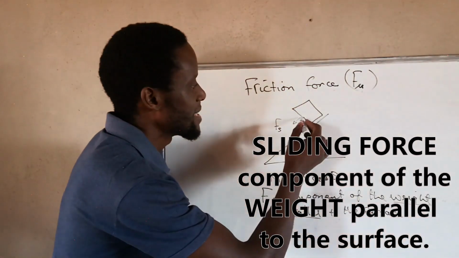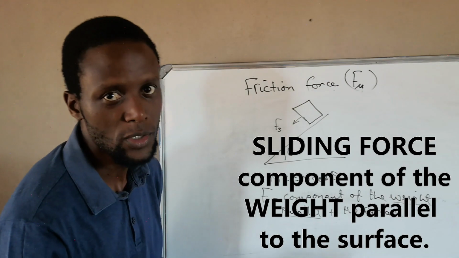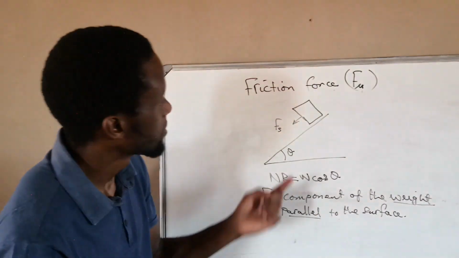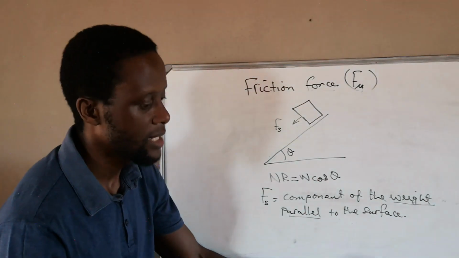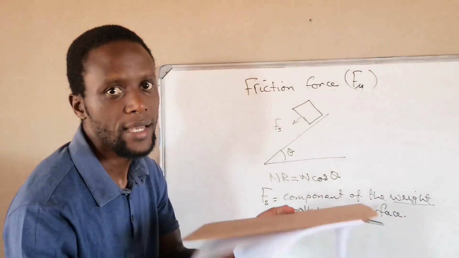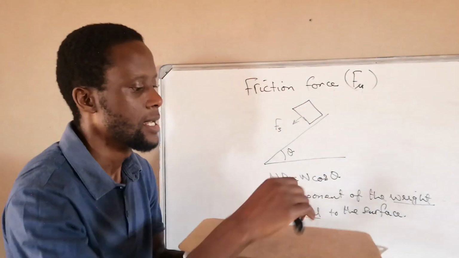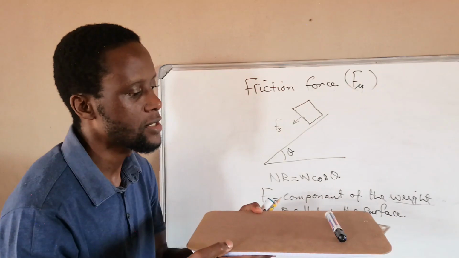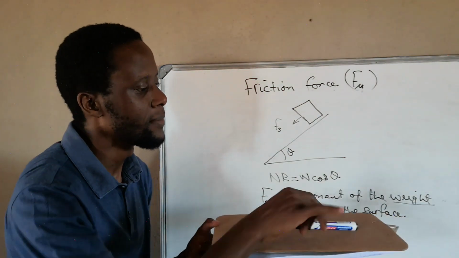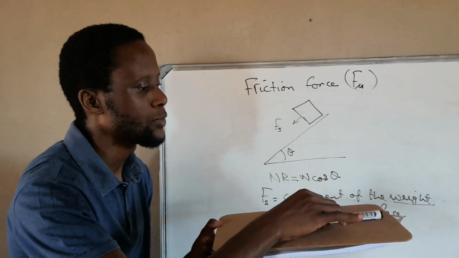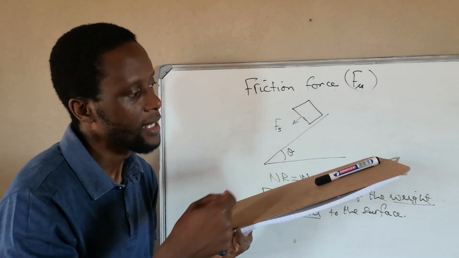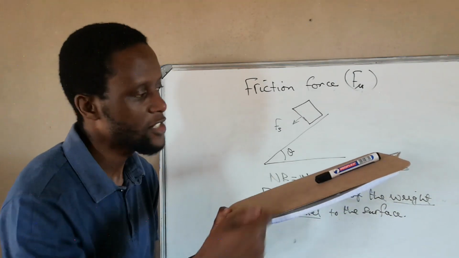It is always sliding downwards, even if the object is not sliding downwards, but as long as it is on a surface, the sliding force exists and it is always attracting the object downwards. For example, as long as the object is on a horizontal surface, the sliding force does not exist. But the minute we raise the angle of incline, even if the object is not sliding downwards, there is a sliding force that is attracting it to go downwards.